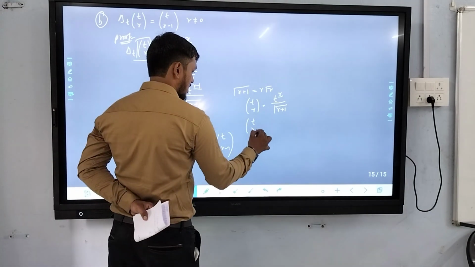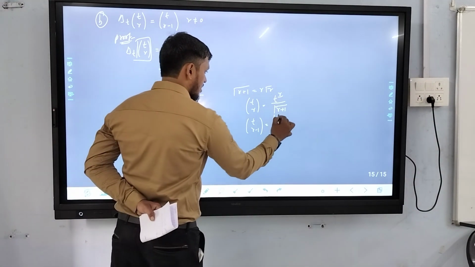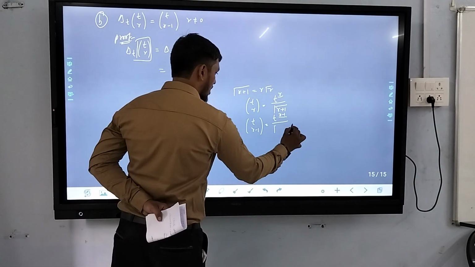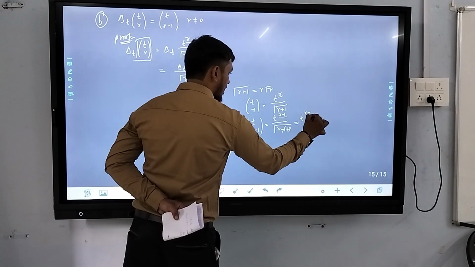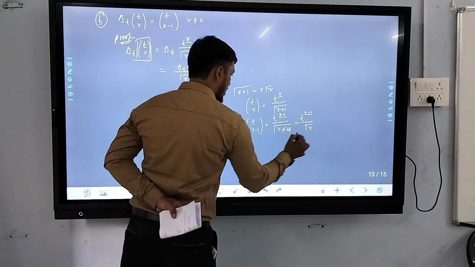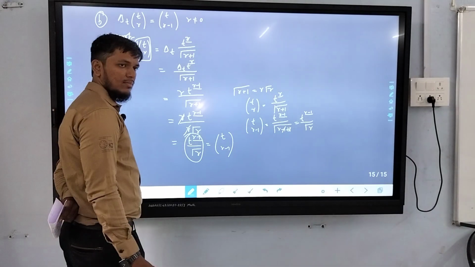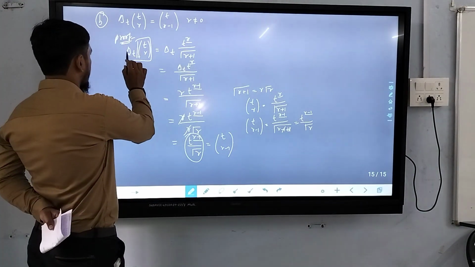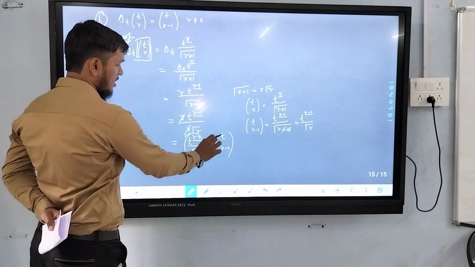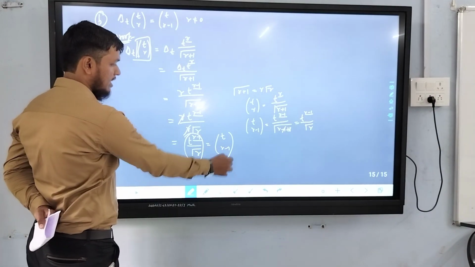So t to the r minus 1 falling upon gamma r minus 1 plus 1, which simplifies, and we get t to the r minus 1 falling upon gamma r. This is the same. So the proof is done here. Delta t C r is equal to t C r minus 1.